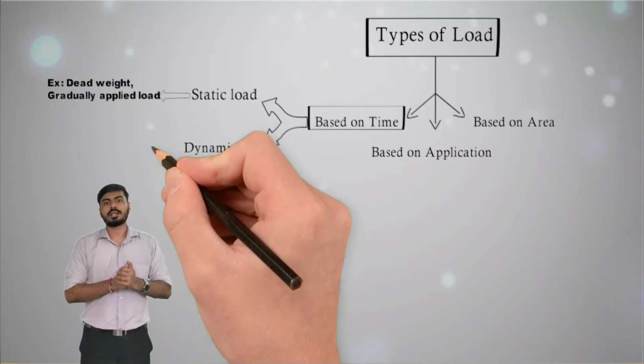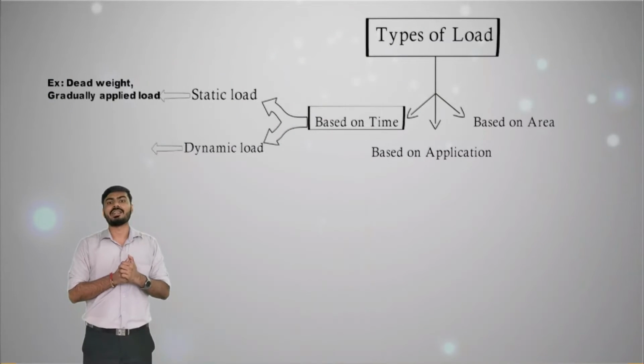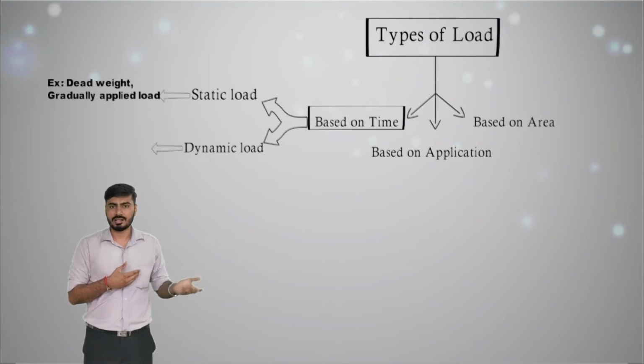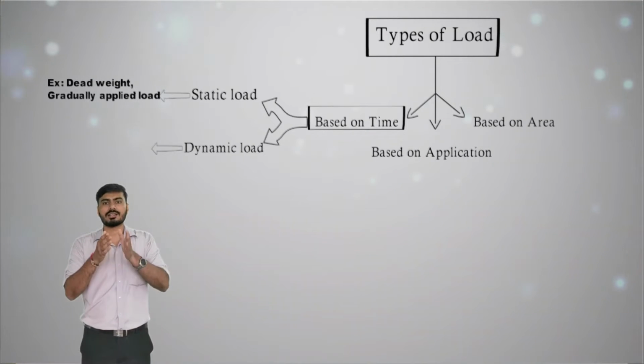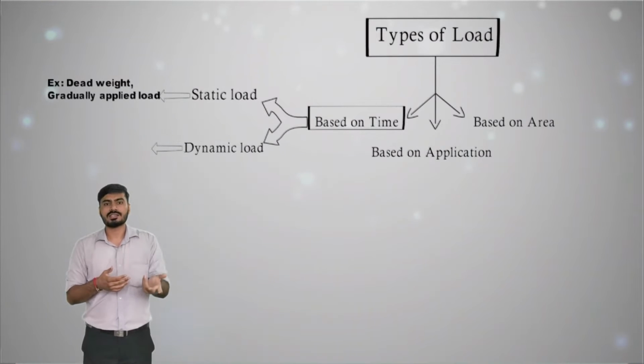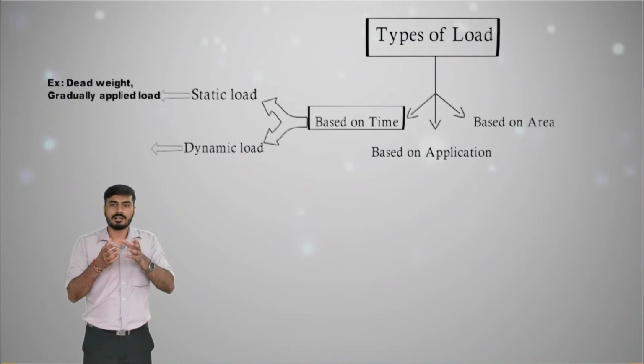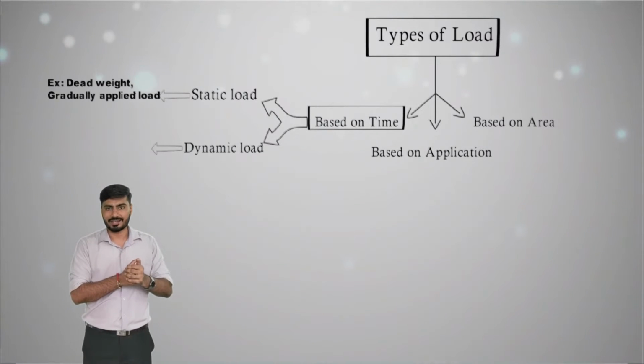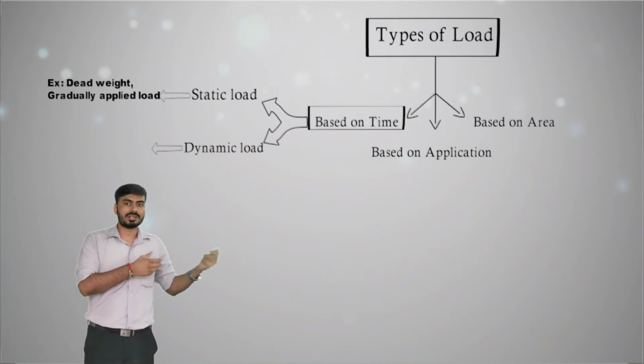Now let's go to the second type, that is the dynamic load. As we have seen in the static load, the opposite is known as a dynamic load. How can we define the dynamic load? The magnitude and direction, or any one of those criteria, might be changing with respect to time.